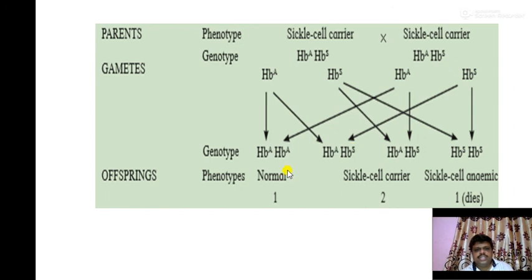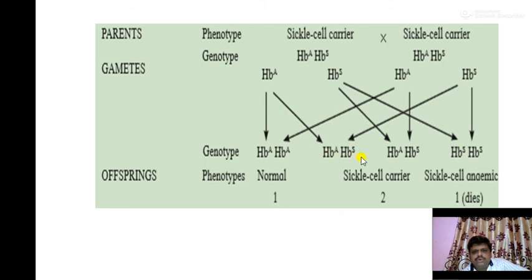In this example, this gene, HBS, in the heterozygous condition behaves like a carrier. Why is this a heterozygous condition? Because there are two different genes, HBS and HBA.